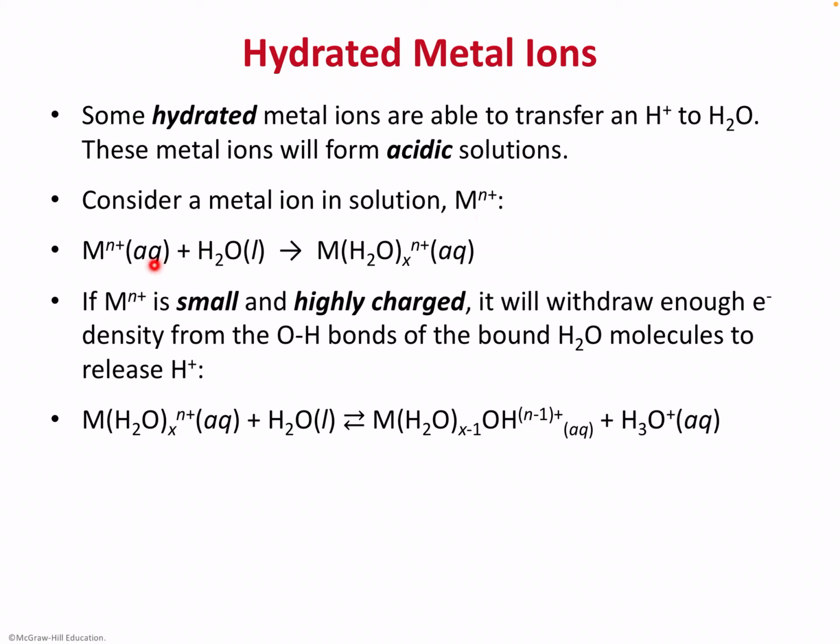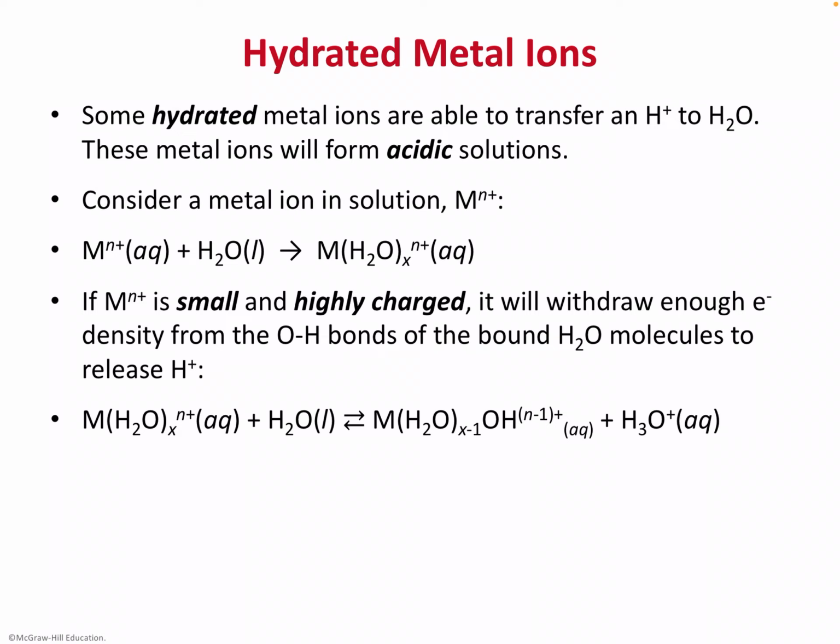Let's say you have a metal ion Mn+. You put it into water. Some water molecules will be attracted to the metal cation. It forms a hydrated complex. And this metal is small and highly charged. It will withdraw enough electron density from the OH bonds of the bound water molecules to release hydrogen ions.